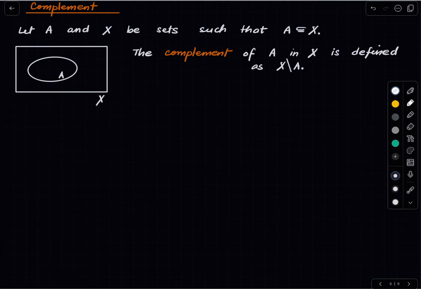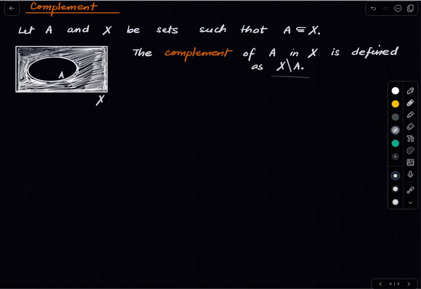Diagrammatically, the shaded region, which is the things outside, that is the complement of A in X. And many times we just write it as A prime. So instead of writing this, we write A prime, and of course this is ambiguous.